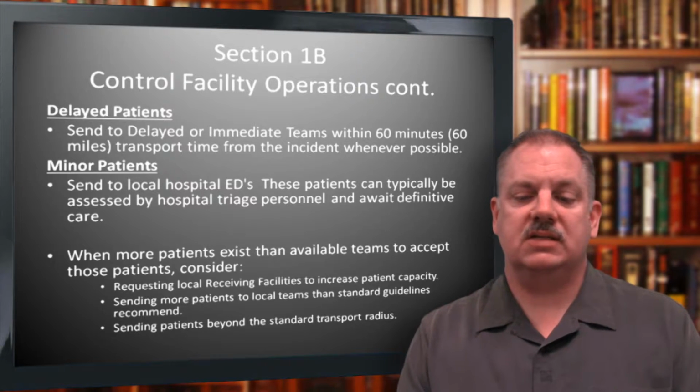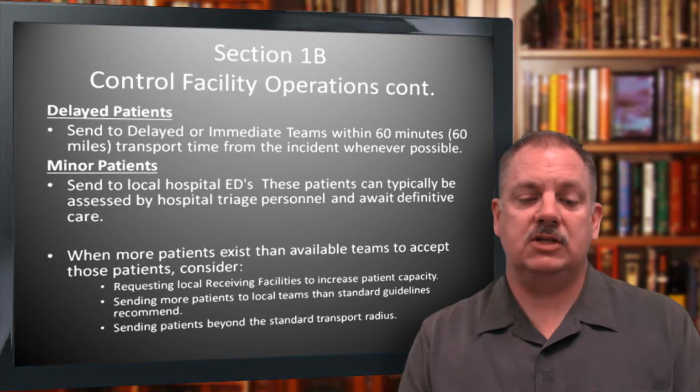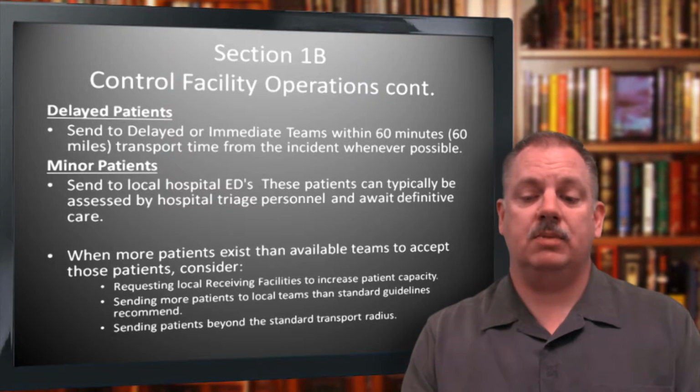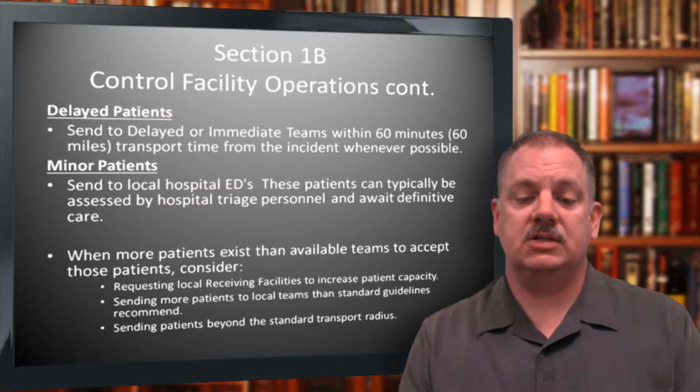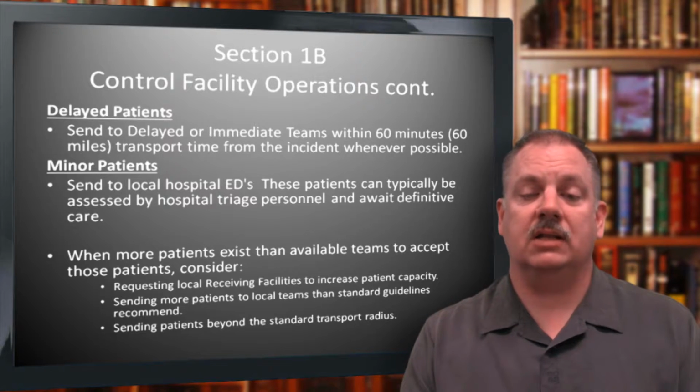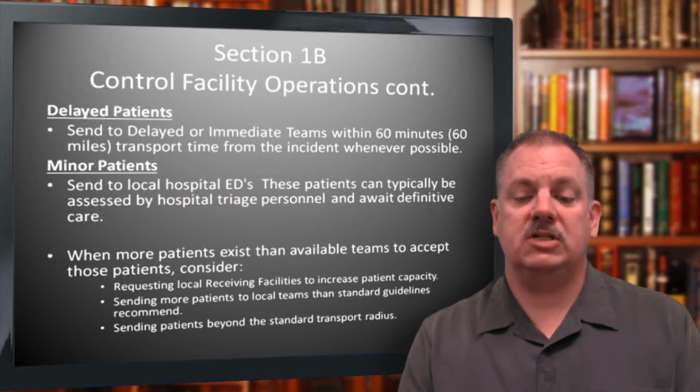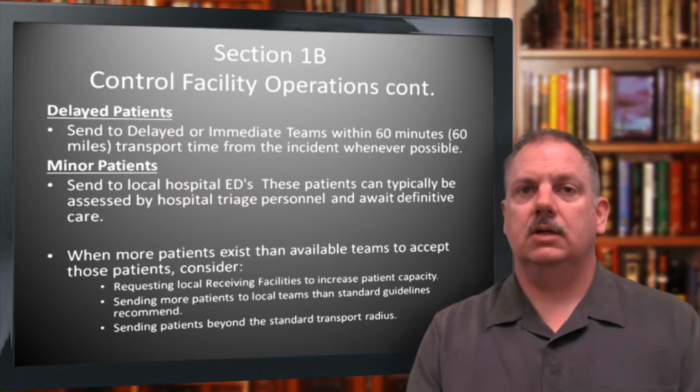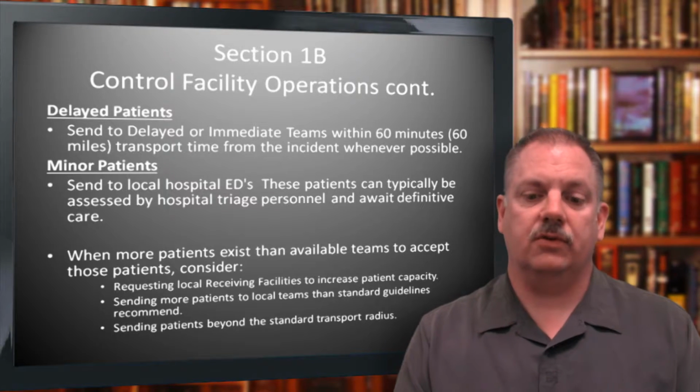When more patients exist than available teams to accept these patients, you need to consider requesting local receiving facilities to increase patient capability, sending more patients to local teams than standard guidelines recommend, or sending patients beyond the standard transport radius. So you may need to send the patients further out.